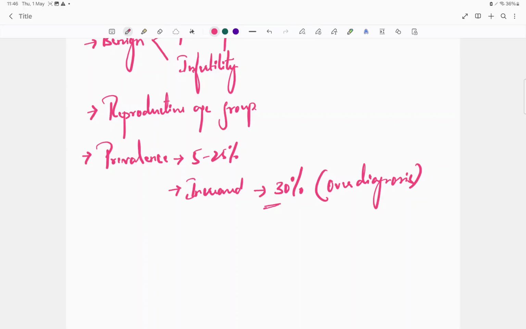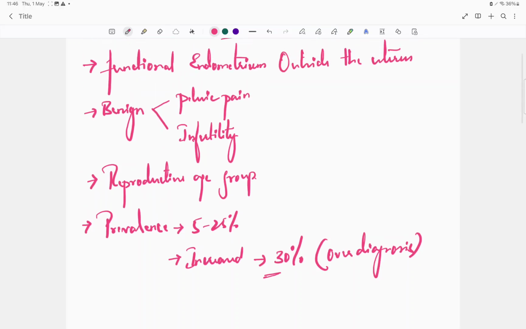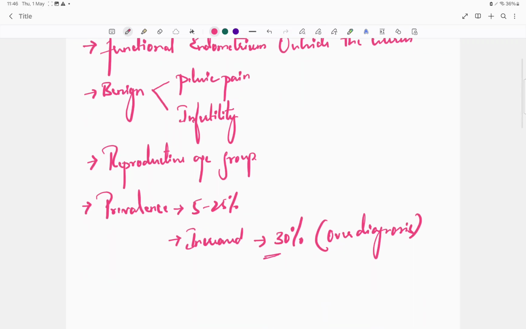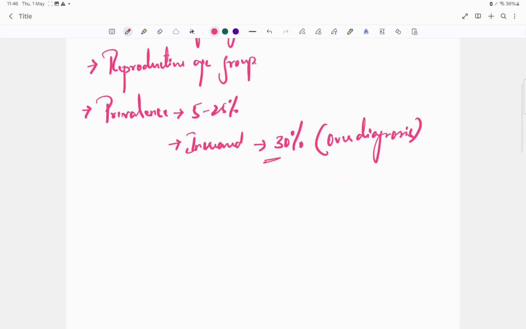Initially there were not many parameters to diagnose, but now we have a large number of parameters to diagnose, so that is why the prevalence has increased. This is about the basic features of endometriosis. No question will be asked regarding this in your NEET PG.